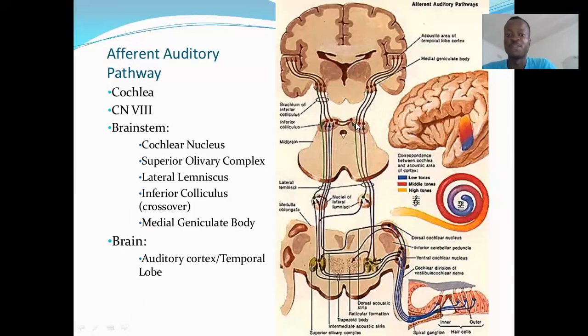fibers moving from the inferior colliculus now to the auditory areas within the superior temporal gyri, the Heschl's gyrus, so the transverse gyri. Then you can also have fibers moving to the auditory association areas, to include Brodmann area 22, which is Wernicke's area.